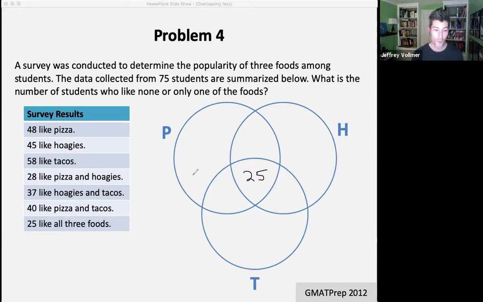So those 40 people need to be the overlap between P and T, but that includes these 25 people. So if this weird little football shape should add to 40, then there need to be 15 more people in this little shape.